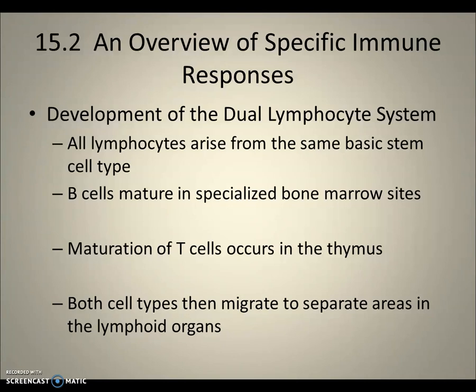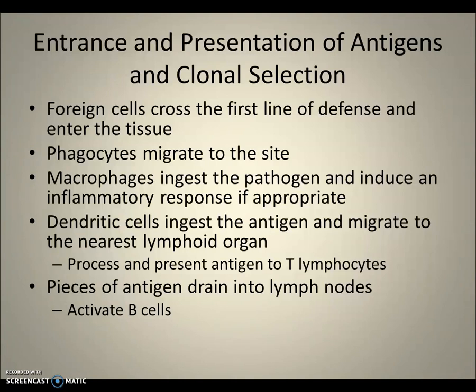So B cells actually go to specialized sites within the bone marrow to mature, whereas T cells migrate to the thymus in order to mature. Once they're done maturing, then both the B cells and the T cells end up in your lymph nodes and in lymphoid organs, and that's where they sort of just hang out and wait to have a job.